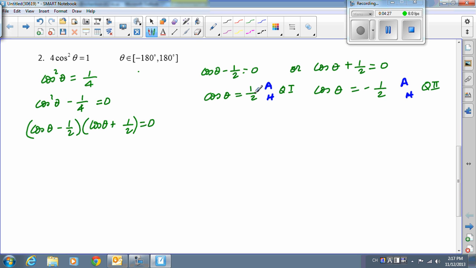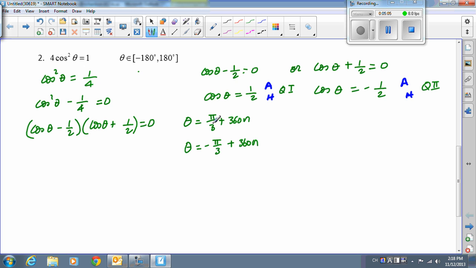In quadrant 1, this angle will be pi over 3. So theta is equal to pi over 3 plus 2 pi n, or theta is equal to negative pi over 3 plus 2 pi n. Well, instead of 2 pi n, since we're dealing with degrees, I will go ahead and write 360n.